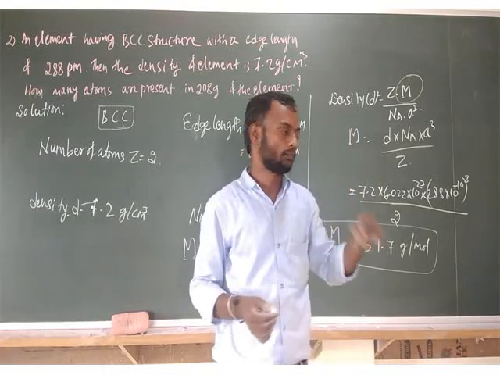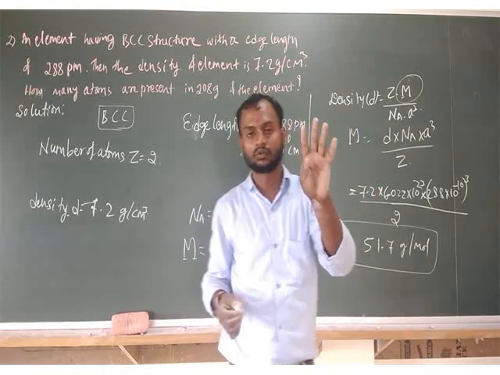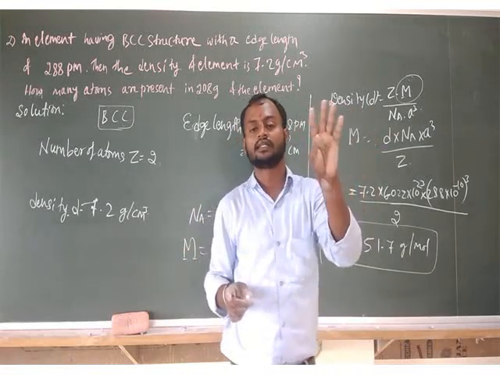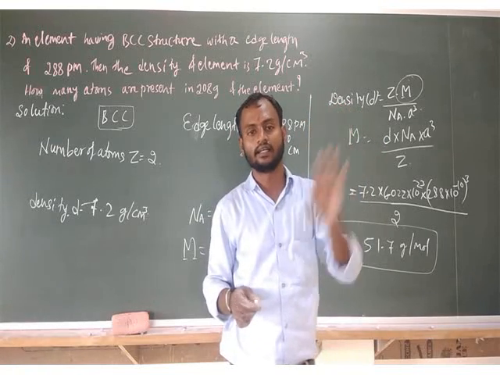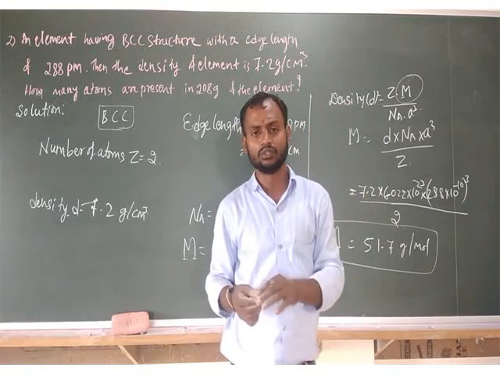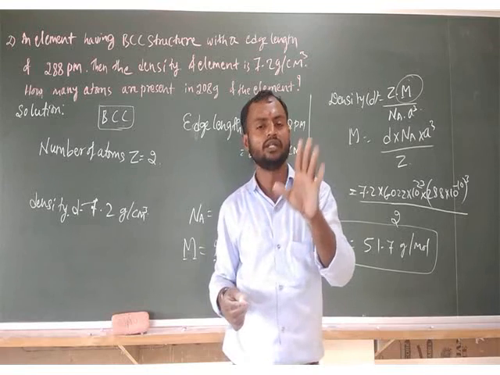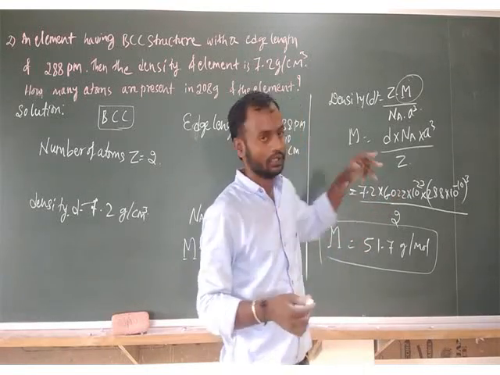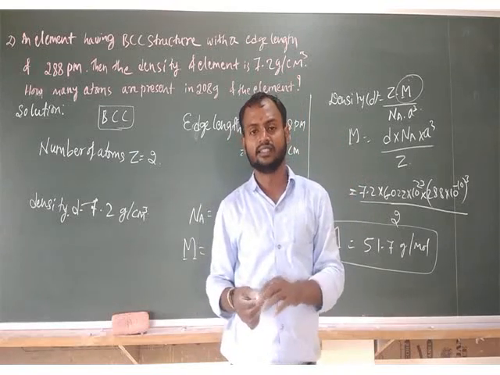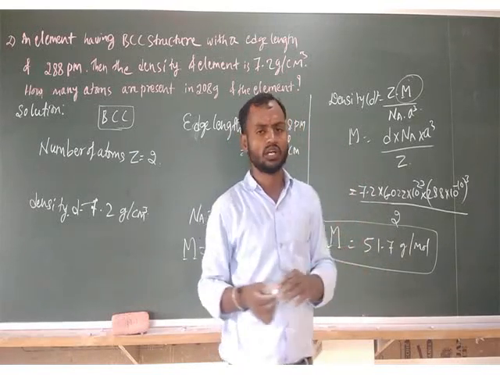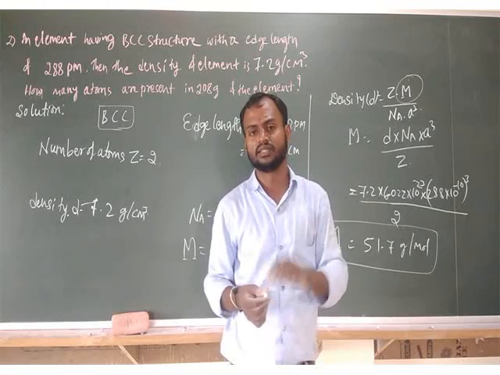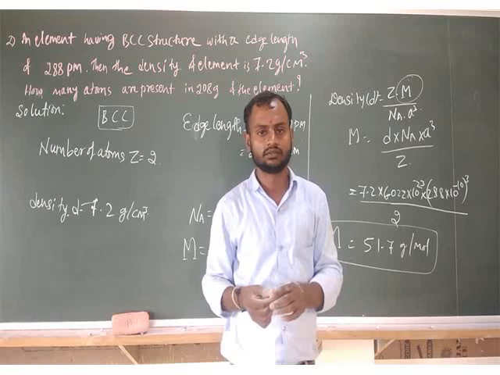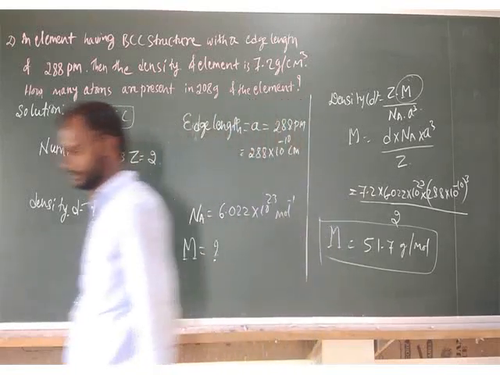After that, they will ask questions based upon the calculation of density of the crystal lattice. Along with the board examination, for entrance examinations they will ask the density, the edge length, or the molar mass. Now, how many atoms are present in BCC, FCC or edge centered? Clear, students? Okay.